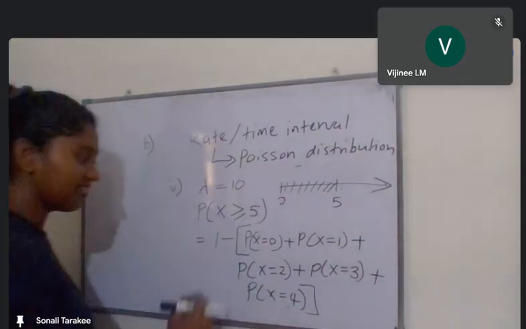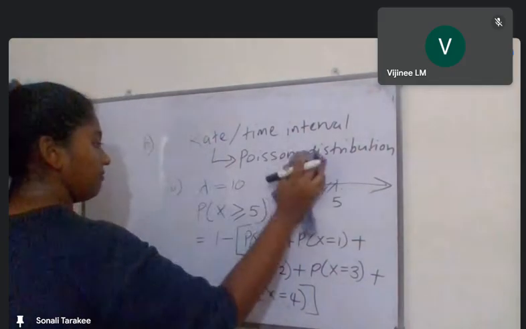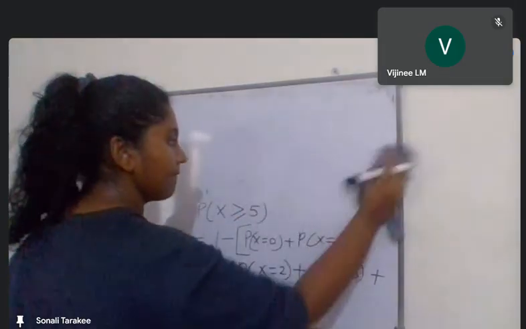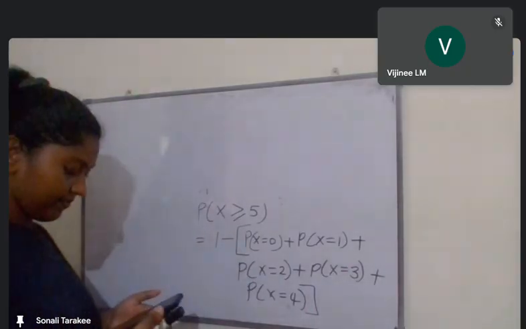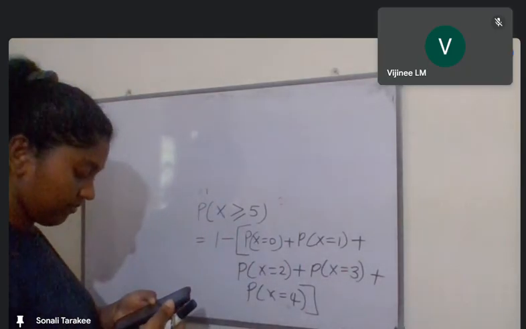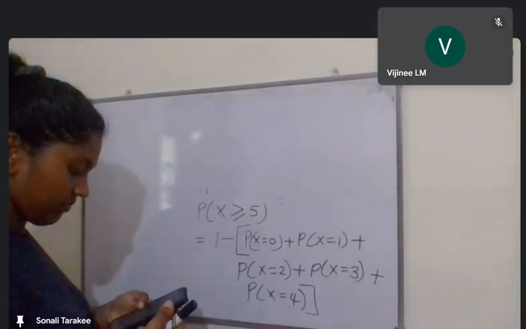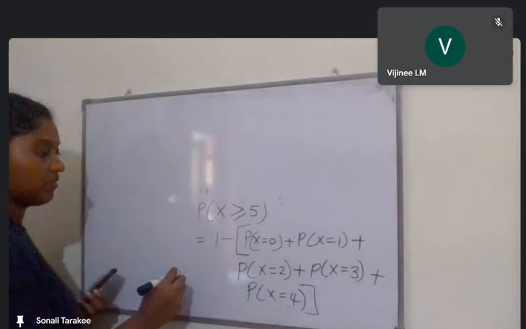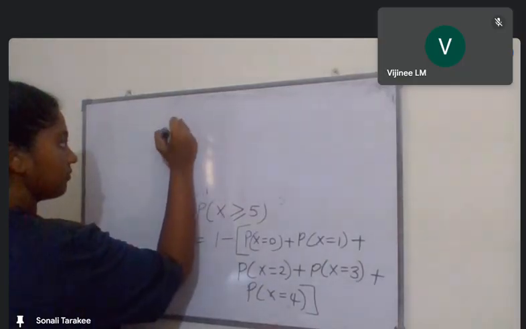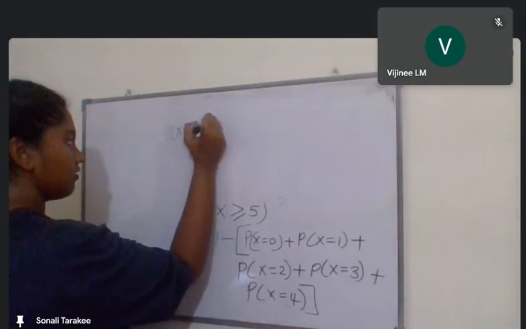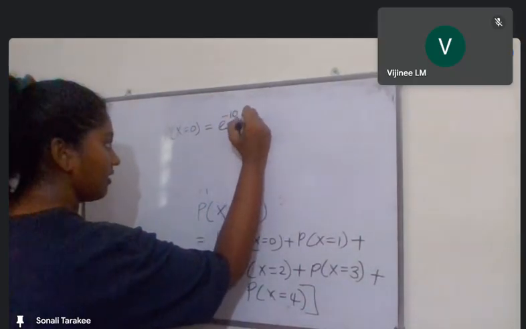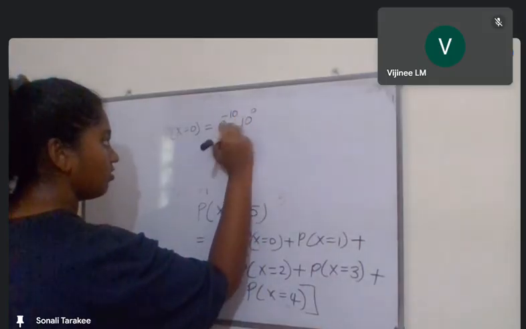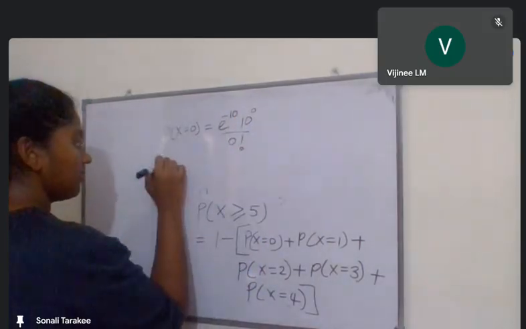So we will substitute values here. Now this is a huge calculation. We will do P(x = 0), which is e to the power minus 10, 10 to the power 0 over 0 factorial.